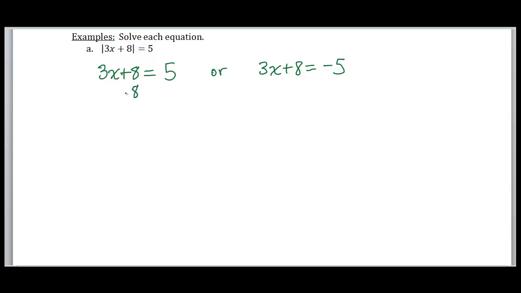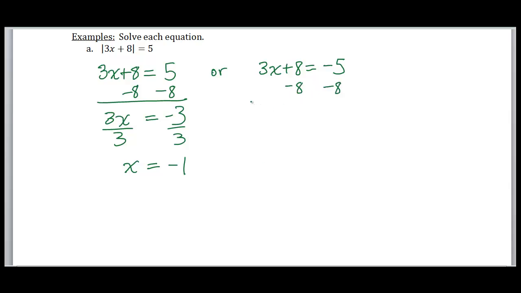Let's solve this first equation. Okay, divide by 3. I'll get x equals negative 1. Same thing to solve this equation here. Subtract 8. And then we can divide both sides by 3.